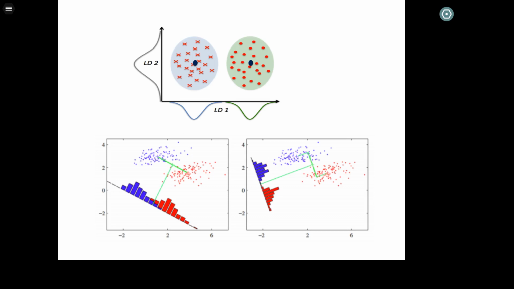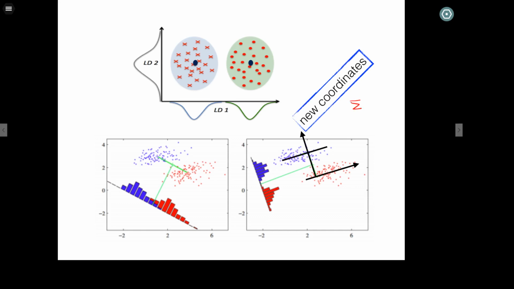Why? Because when the covariance matrix sigma is not the identity, what we need to do is first rotate our coordinates and do some stretching, to make the covariance matrix in this transformed space the identity, and then do the projection. In this case, you can see that we should rotate our original coordinates like this.